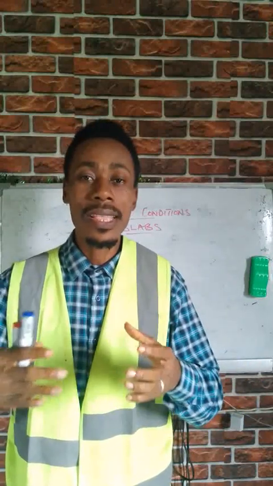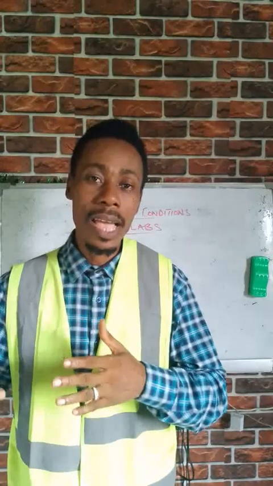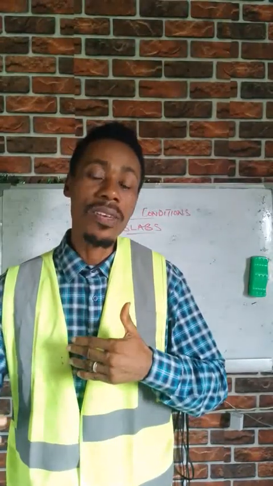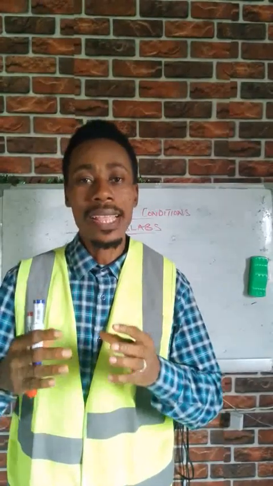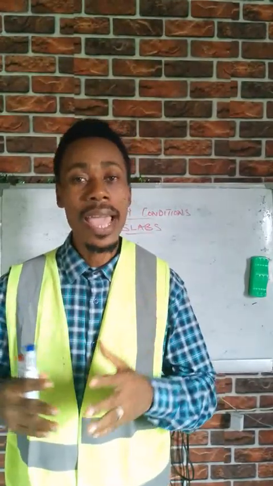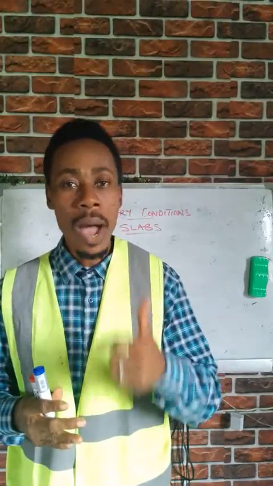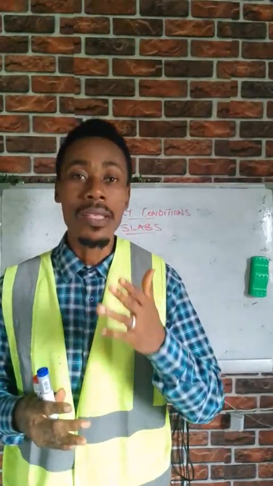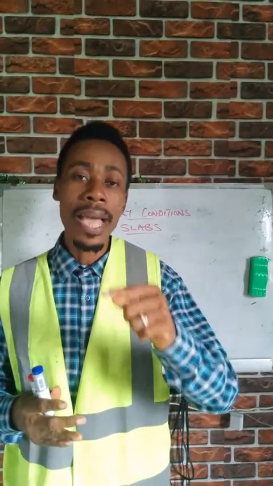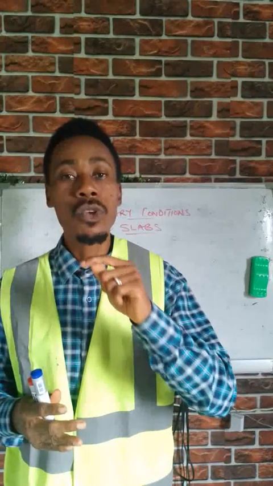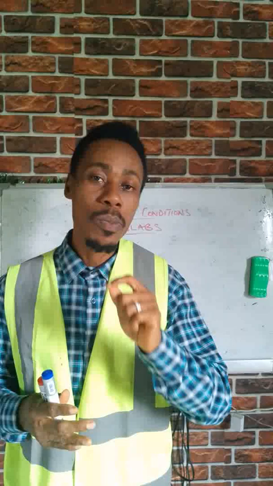You do this by knowing the type of slab they are in terms of their spanning: a one-way spanning slab or a two-way spanning slab. You identify that by the Ly/Lx ratio. When you divide the length of the panel by the width of the panel, if what you have is less than 2, it means that it is a two-way spanning slab.